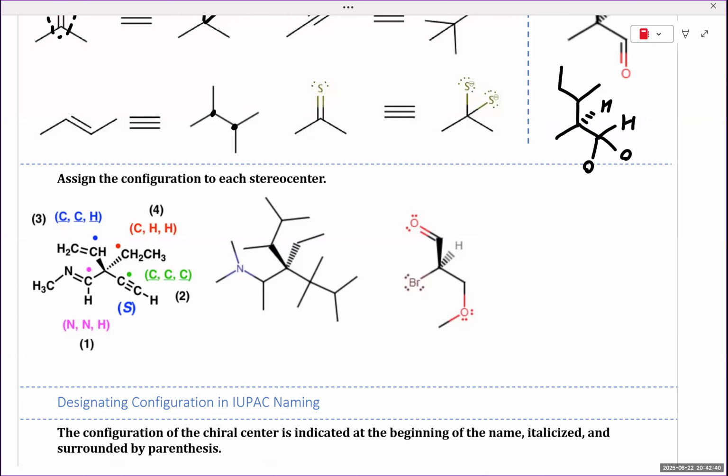In this first case, looking at each of our carbons, in order to break the tie, we have to list our substituents. This carbon-carbon triple bond is treated as if each carbon had two additional carbon-carbon bonds attached. So looking at this carbon center, we see it has 1, 2, 3 carbons attached.